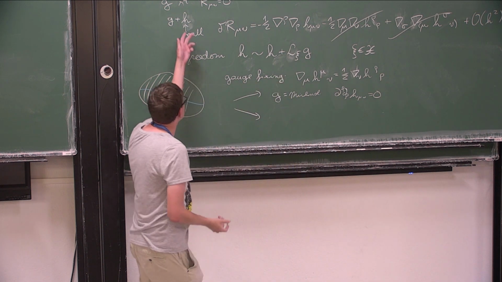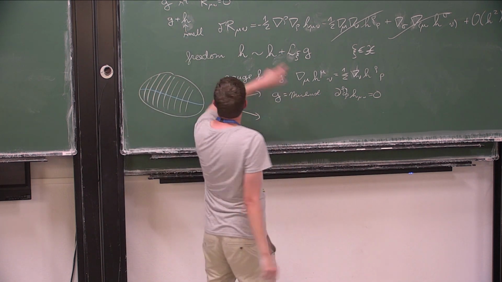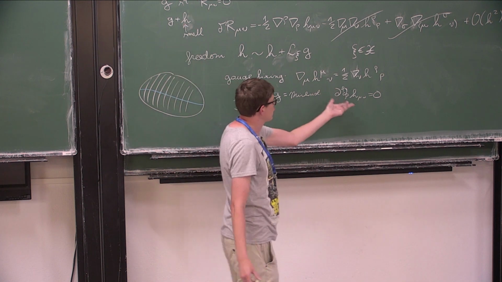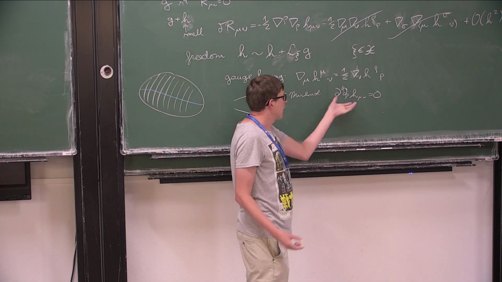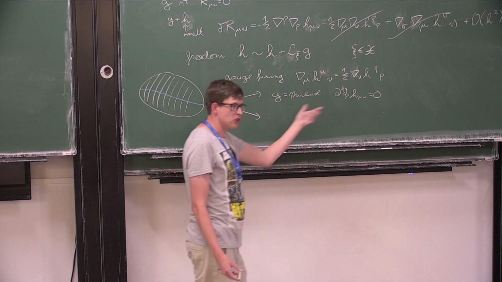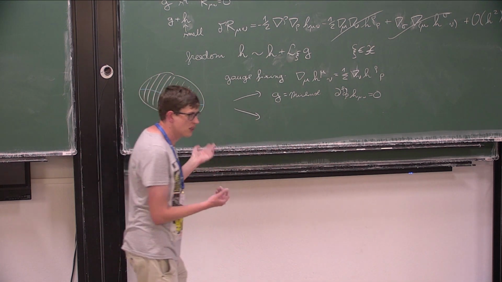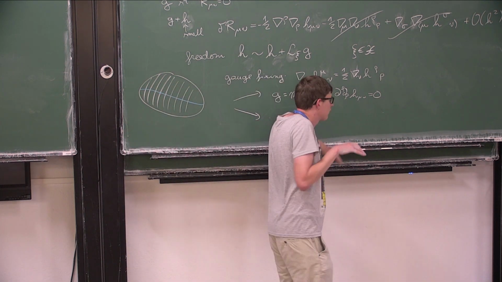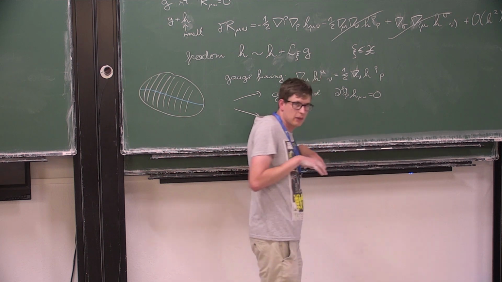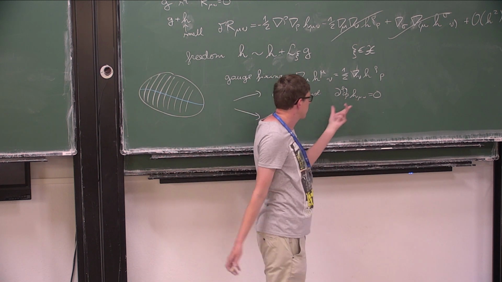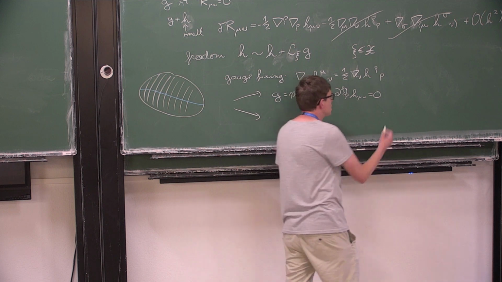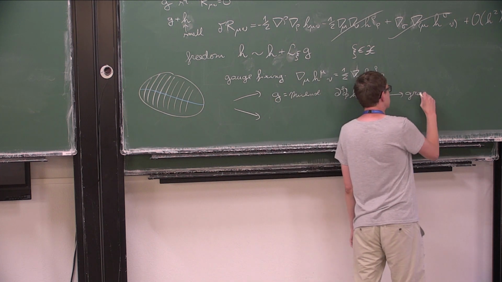So you see that the perturbations of the Minkowski metric have to satisfy a wave equation, and these are the famous gravitational waves. The small metric perturbations propagate through space in the form of a wave. So this is why these are gravitational waves.